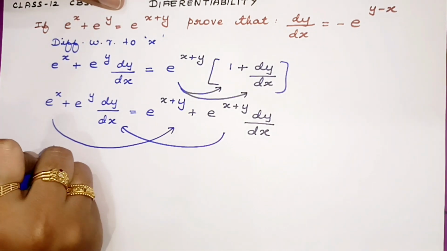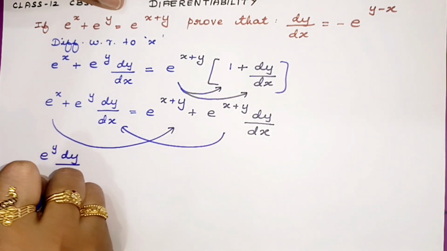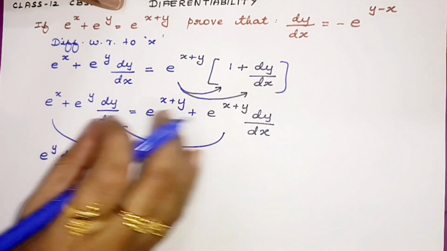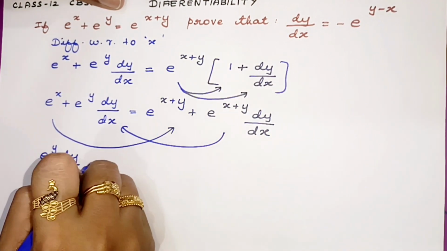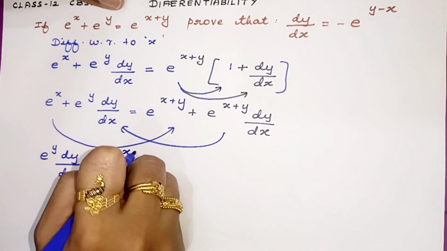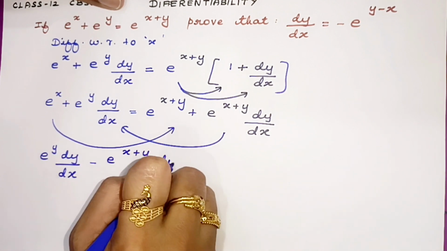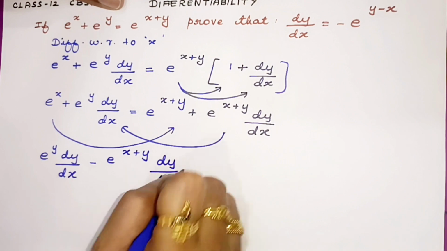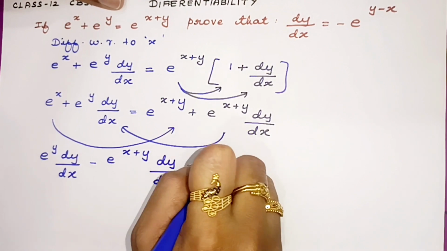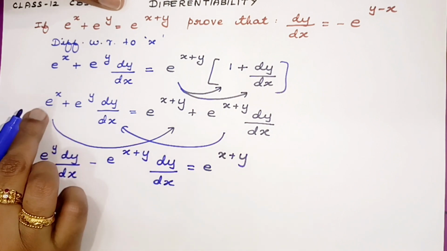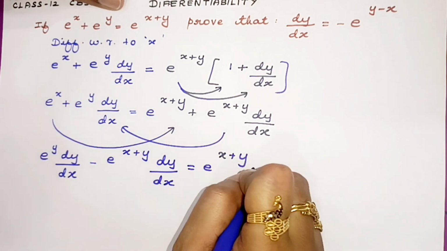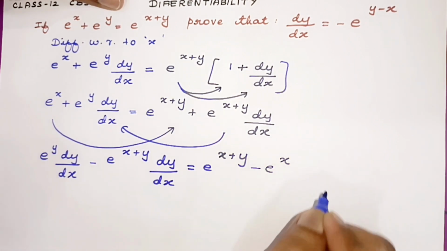So, e power y into dy by dx. While I am taking this to the left hand side, we have to change the sign. So minus e power x plus y into dy by dx is equal to e power x plus y, which is on the right hand side. I am taking this e power x to the right hand side, so we get minus e power x.